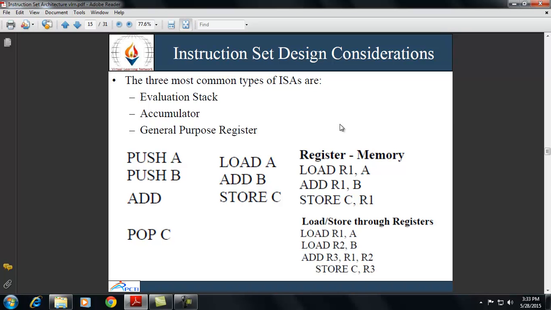Now, the 3 most common types of ISAs, that is instruction set architectures, are: evaluation stack, where the operands are implicitly on the top of the stack; accumulator, where the operand is implicitly the accumulator; and general purpose registers, that is GPR, where all operands are explicit, either registers or memory locations.